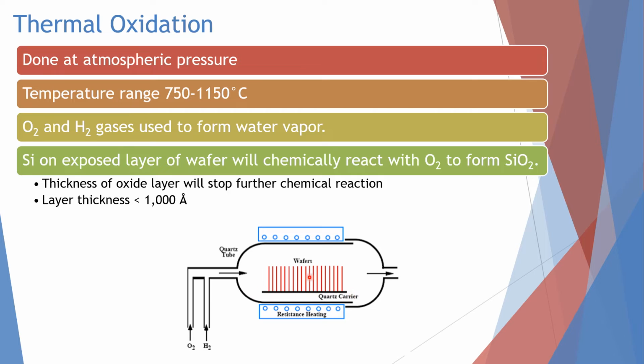Then at atmospheric pressure with a temperature around 750 to 1150 degrees Celsius, the oxygen and H2 gases will go through the chamber into the quartz tube, and there will be a reaction, because when you expose silicon at a certain temperature to water, or to oxygen and hydrogen, an oxidation process happens.